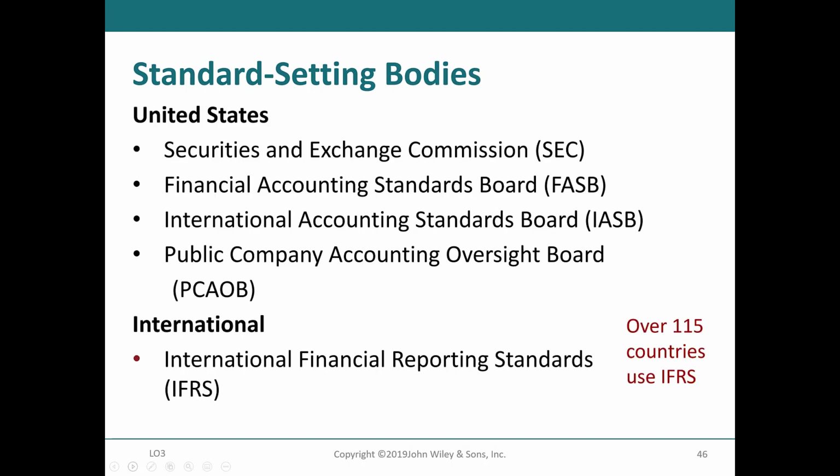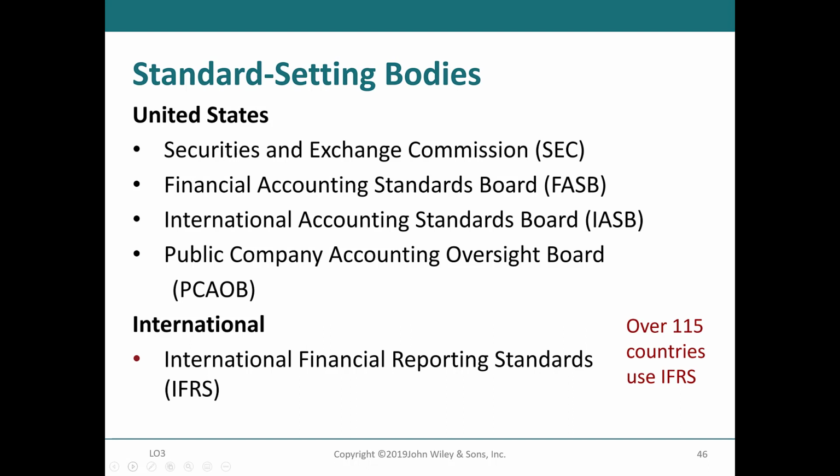Okay, standard setting bodies, we have the Securities and Exchange Commission. This is a U.S. government agency that oversees U.S. financial markets and accounting standard setting bodies. We have the Financial Accounting Standards Board, often known as FASB.